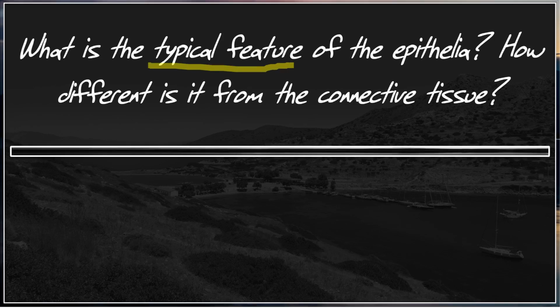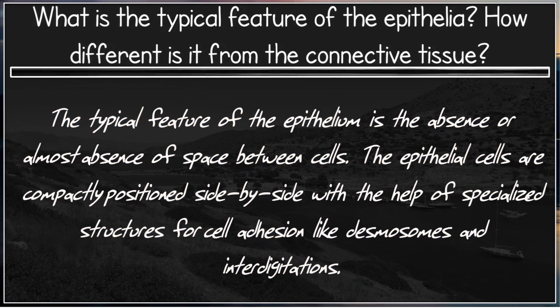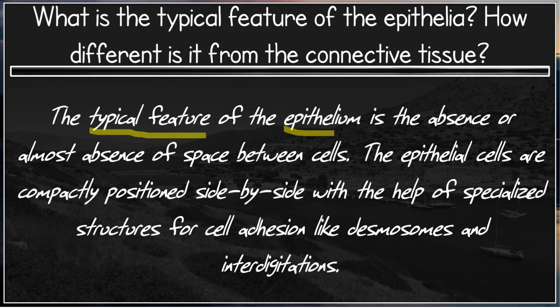What is the typical feature of epithelia? How different is it from the connective tissues? The typical feature of the epithelia is the absence or almost the absence of space between cells.